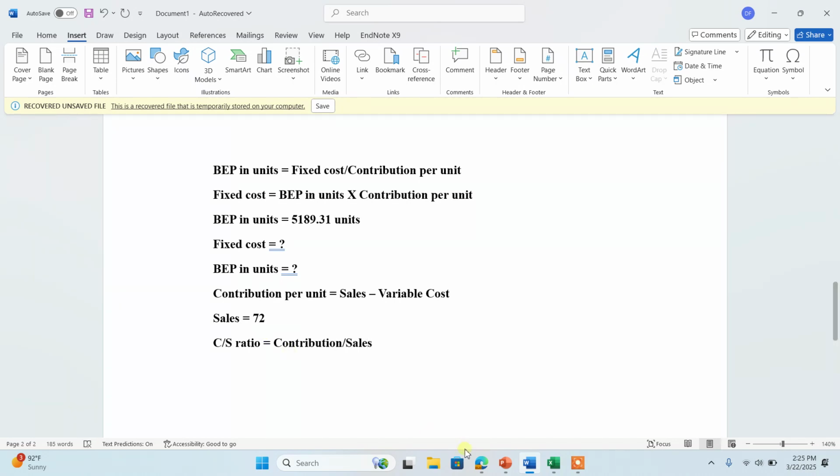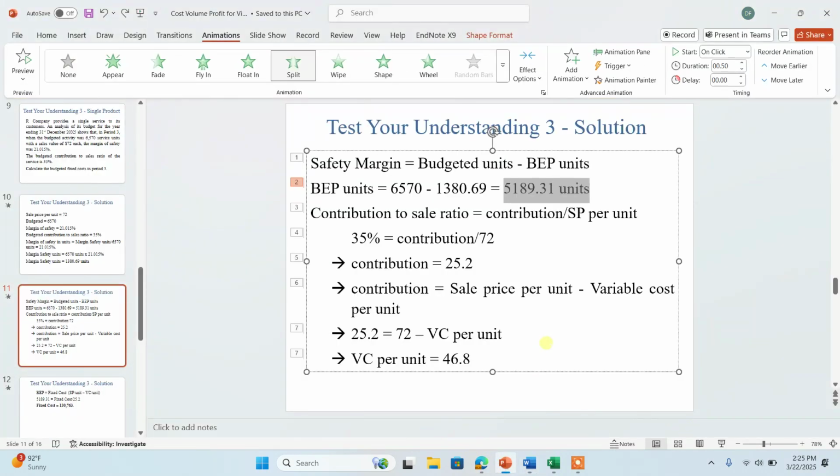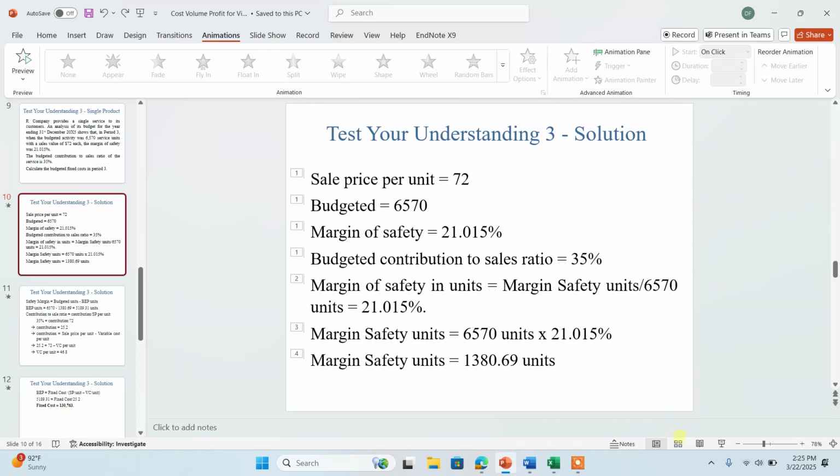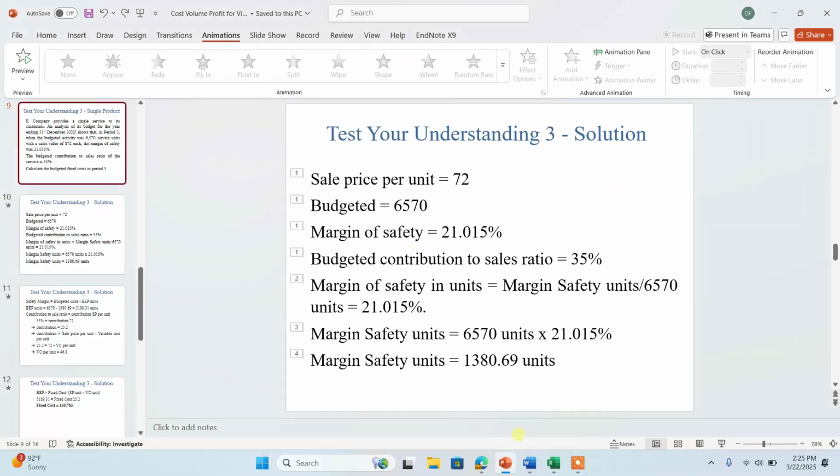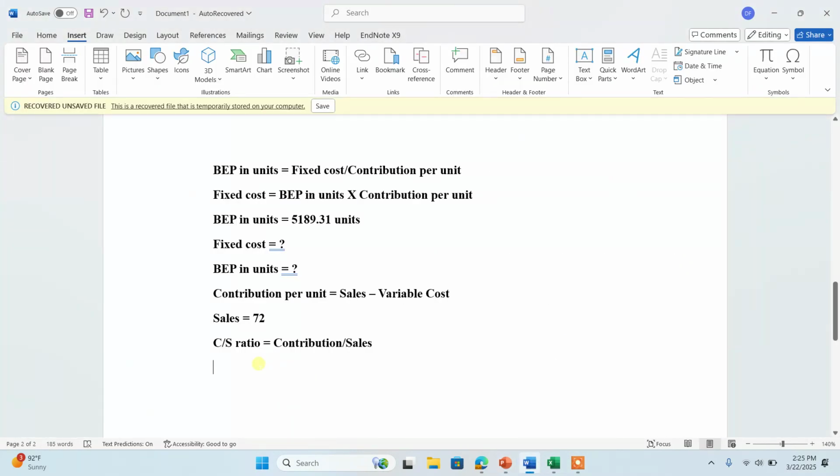So the contribution to sale ratio is given in the question. If you read the question, it is given, and the sale price is also given. Sale price is 72. Contribution to sale ratio is 35%.